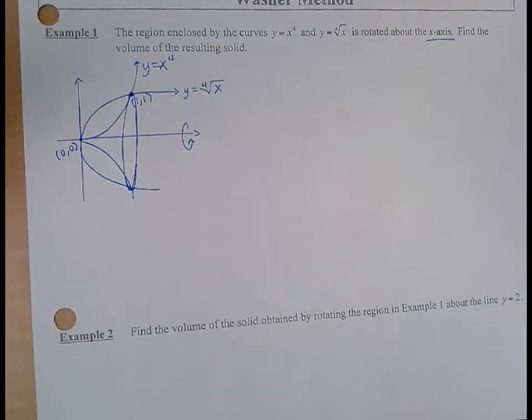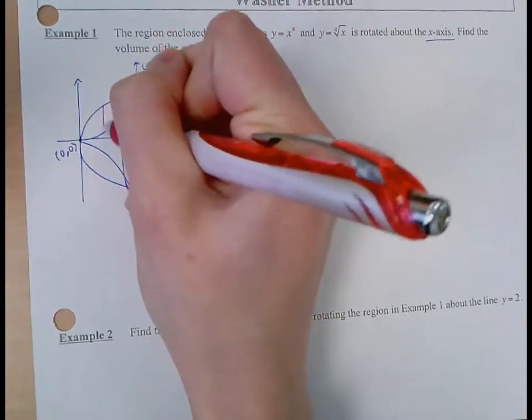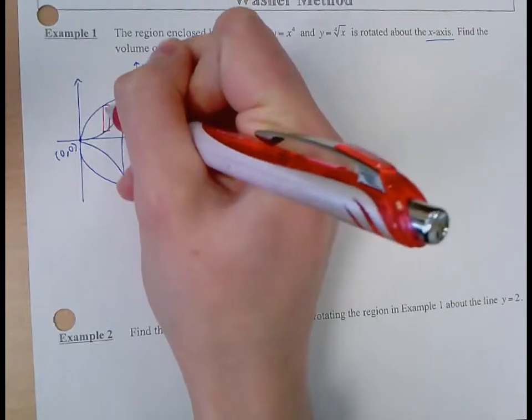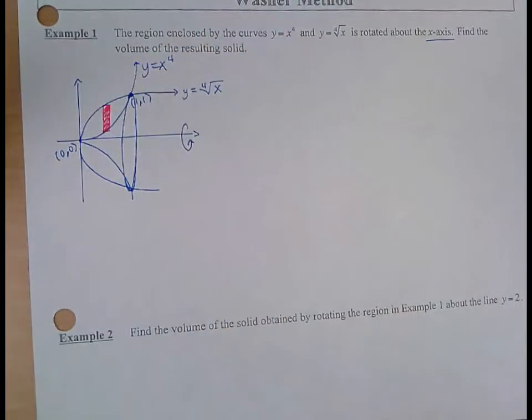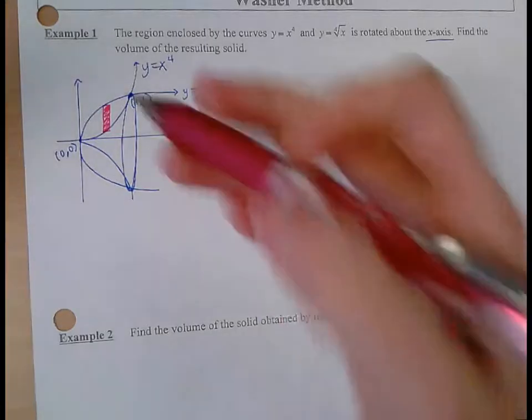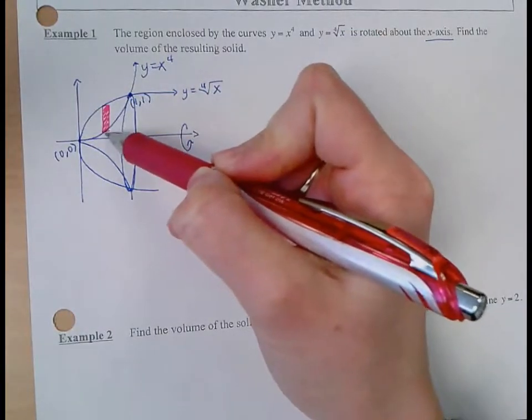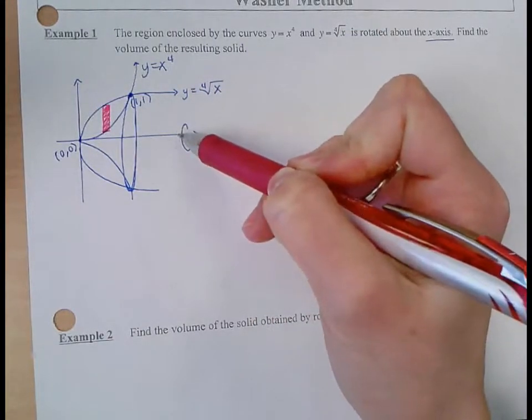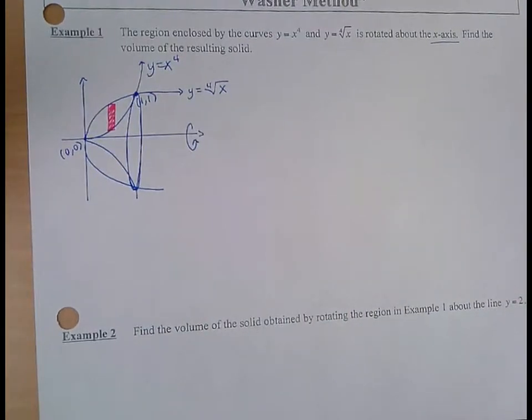That's why we're looking at a washer method, not a disk method. If I sketch one rectangle in that region and rotate just the rectangle around, the bottom of the rectangle doesn't actually touch the x-axis, the axis that's being rotated around.